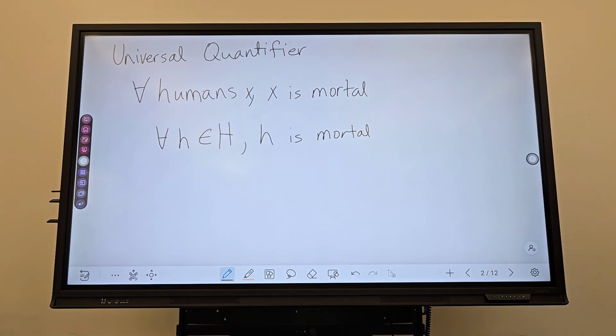Definition for you. Let Q of x be a predicate and D the domain of x.